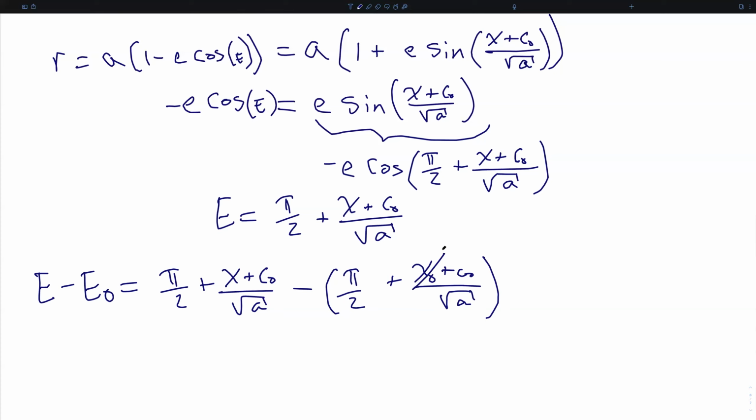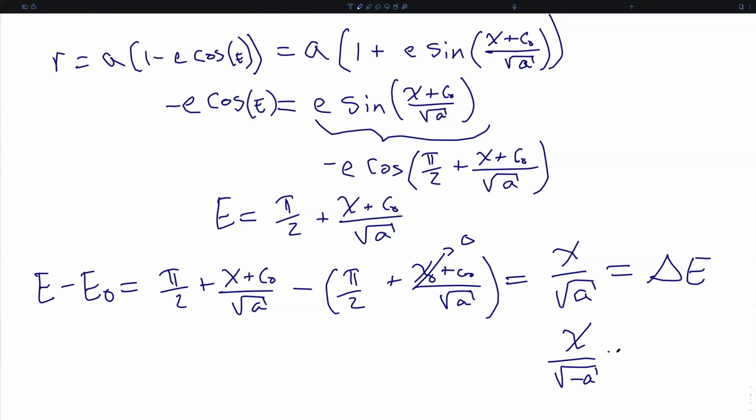And as before, we take chi naught to be 0, which means that all of this stuff cancels, and all that's left is chi over root a is the change in eccentric anomaly for the propagation between a time t naught to a time t. In the exact same fashion, for hyperbolic orbits, we will find that chi over the square root of negative a will be the change in hyperbolic anomaly.